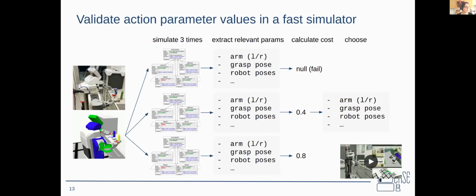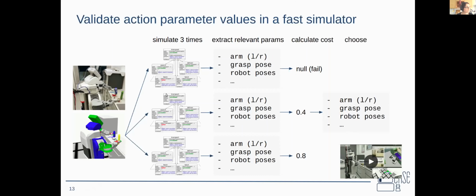For example, you pick the left hand or the right hand, you pick a top grasp or a side grasp, and so on. You vary the poses of the robot's base, and then you execute these actions in simulation, calculate the costs based on the parameter values, and then pick the run that was the best.